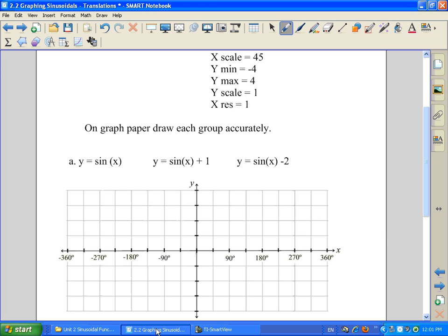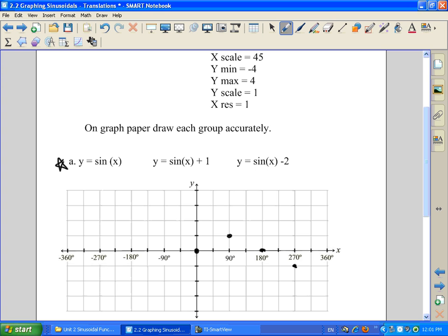The key parts to remember for sine x, and I'm going to color code these: sine x starts at its axis, goes to its maximum, comes back to its axis, goes to its minimum, and comes back to its axis. The only problem is I forgot that we are only going up 1.